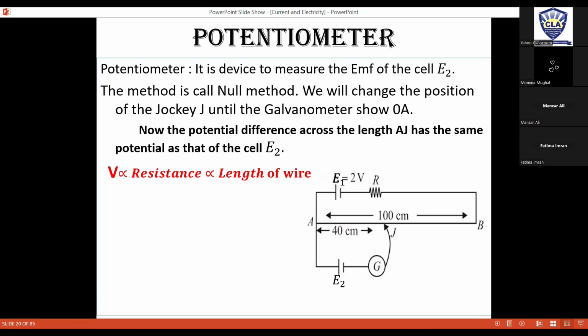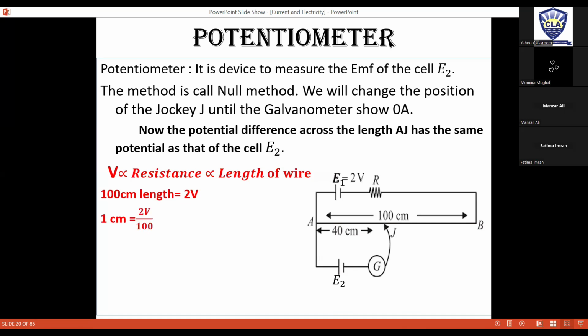Using that, if the galvanometer shows zero current, it means that the voltage which is developed across AJ has the same value as E2. And if it has the same value, then the galvanometer will show zero current. For example, we have 100 centimeters in length and it represents 2 volts.